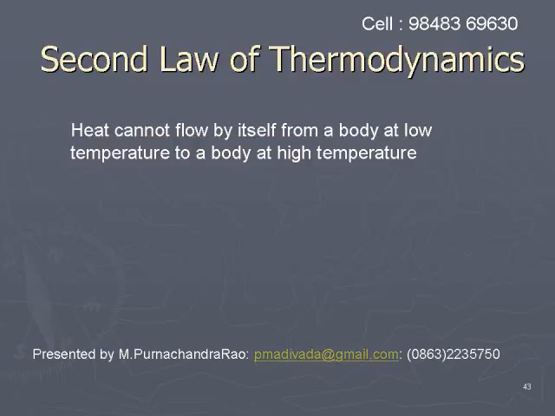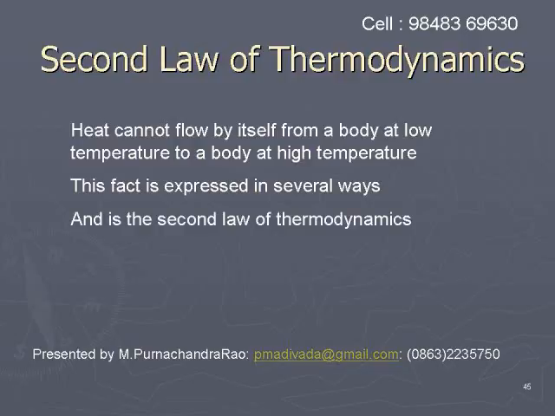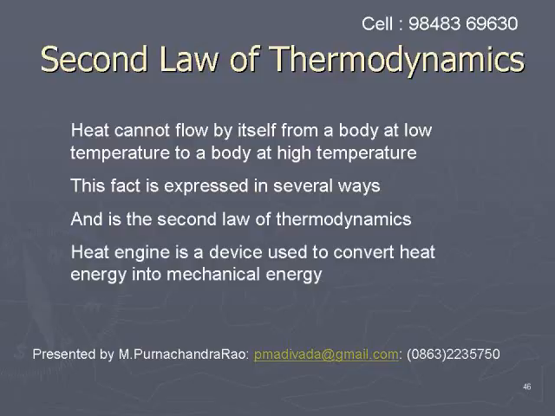This fact is expressed in several ways and is the second law of thermodynamics. To express this, first we need to understand a heat engine. A heat engine is a device used to convert heat energy into mechanical energy.